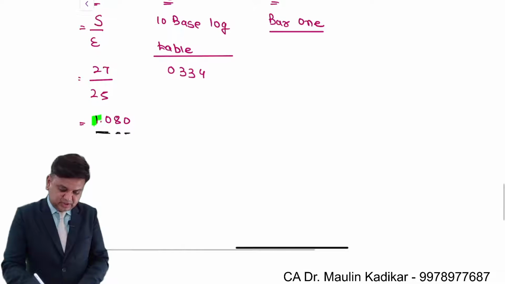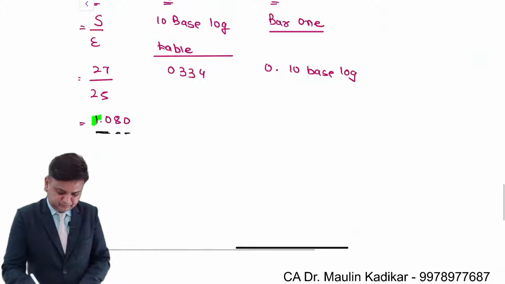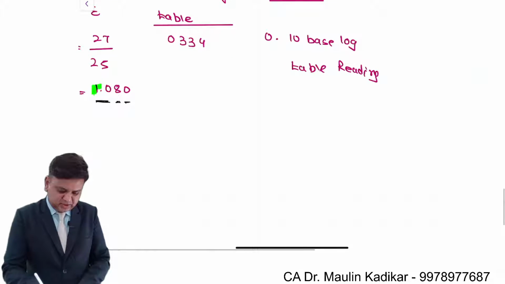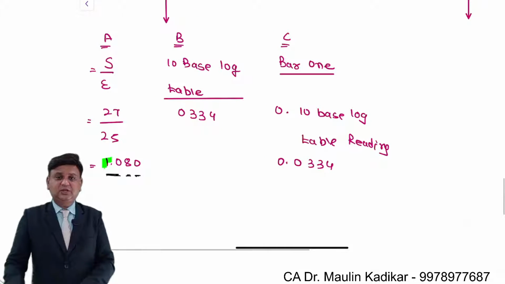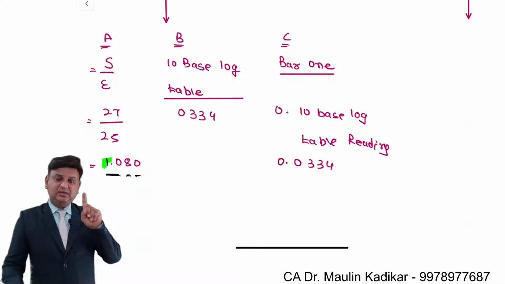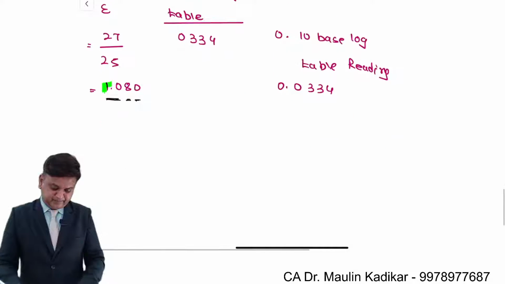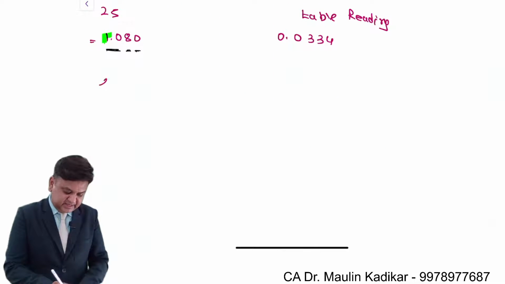So we mention over here 0.0334, the 10 base log table reading. This is the way we have to do the Barban procedure. It is 1 digit before decimal, minus 1 is 0. And finally ln S divided by E.